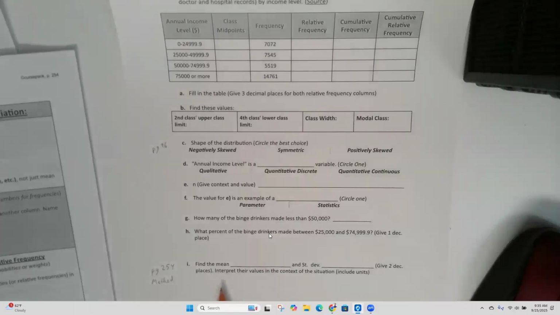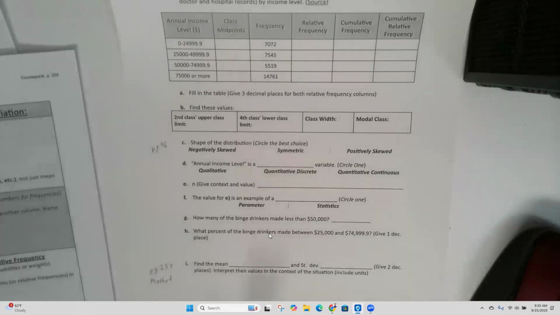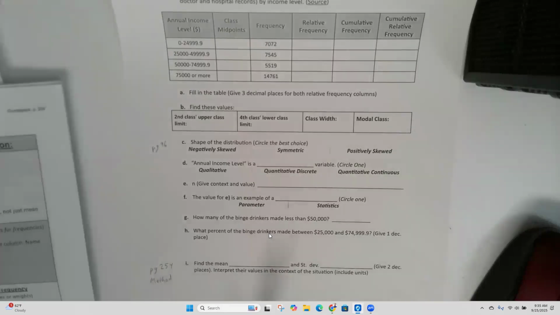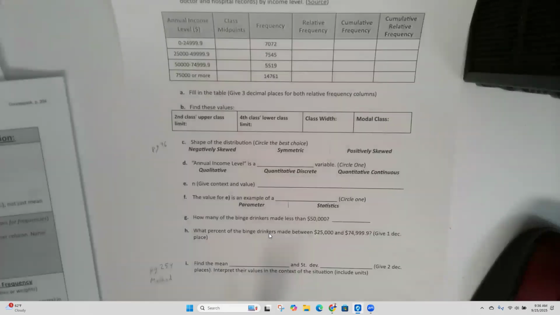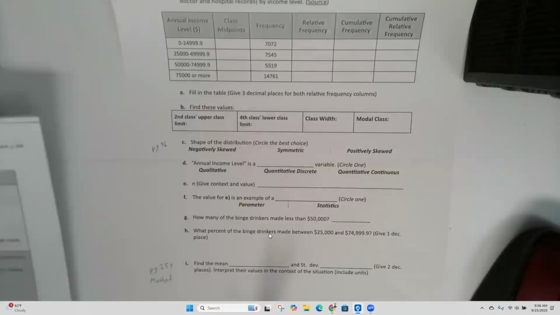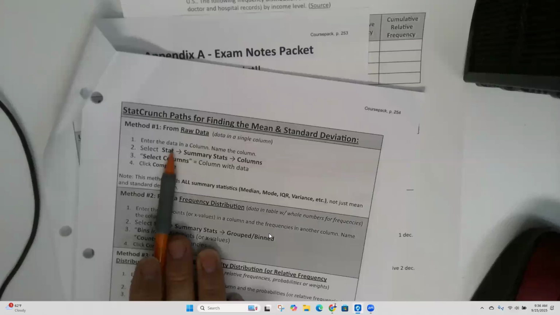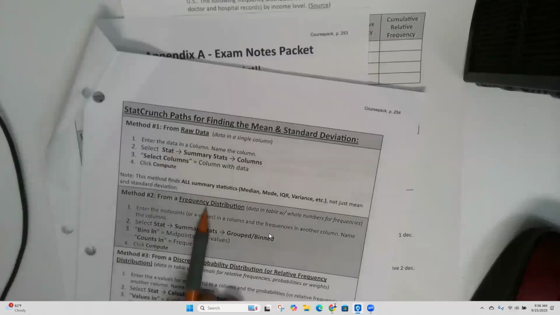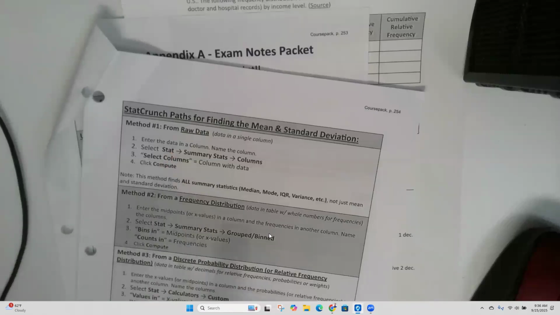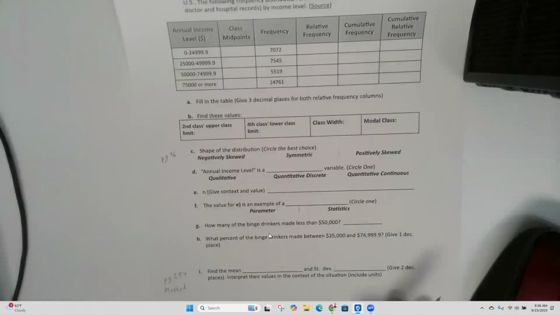Question for you guys. Method 1 is if we have raw data. Method 2 is a frequency distribution. And method 3 is if we have a probability distribution.